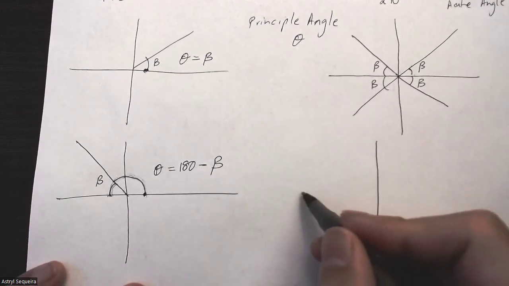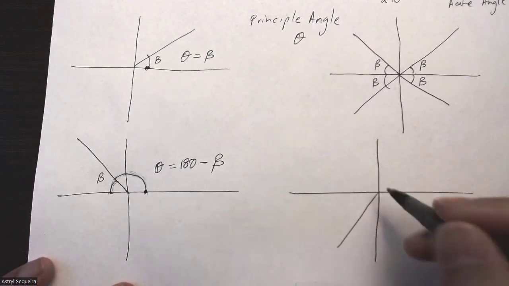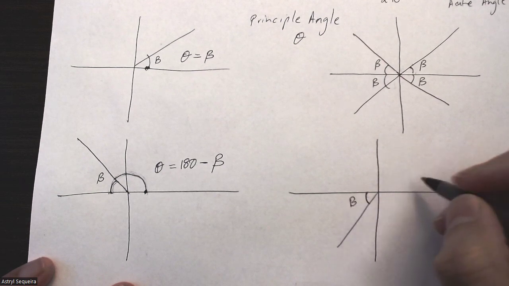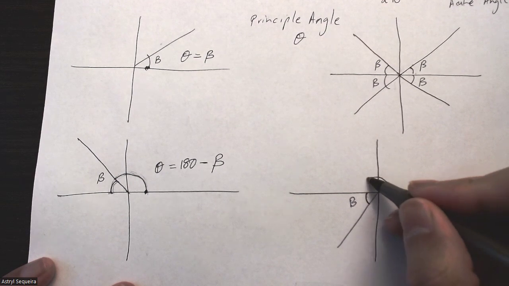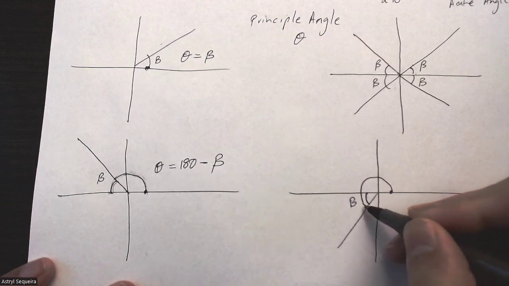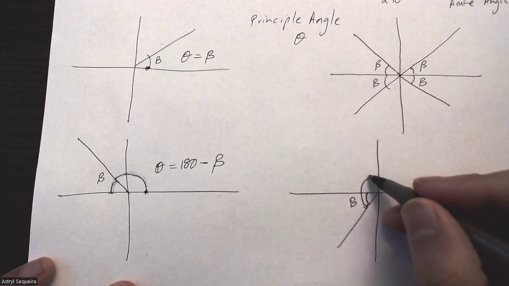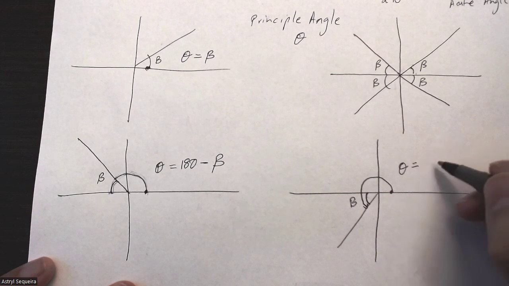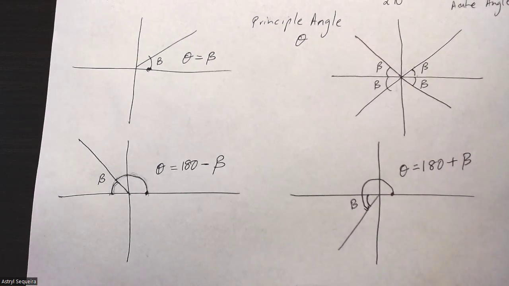If I'm in the third quadrant, right there, my acute angle is beta. For my principal angle, I want to go from here all the way till this line here. I know that half a circle is 180, then I'm going a bit extra. That means my principal angle is 180 plus beta.